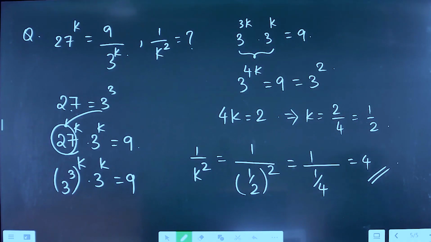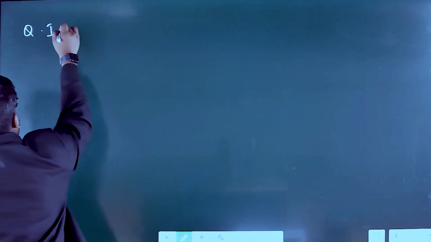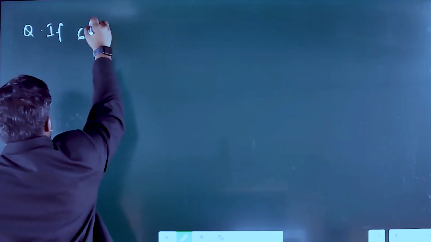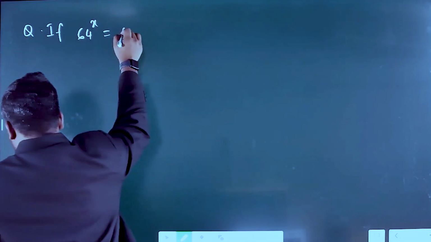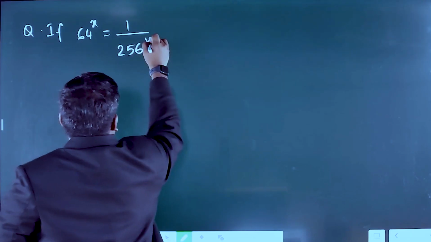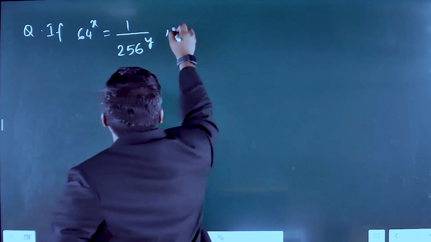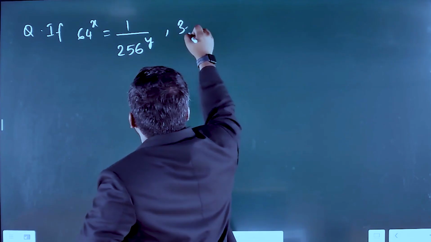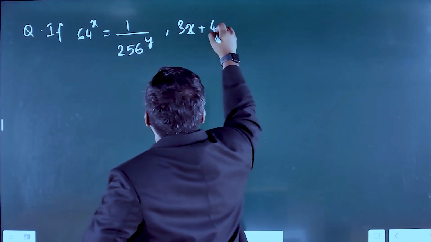Alright, we'll do a question similar to the last question. The question is, if 64 power x is equal to 1 by 256 power y, find the value of 3x plus 4y.